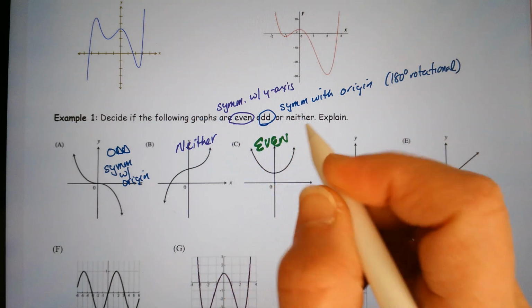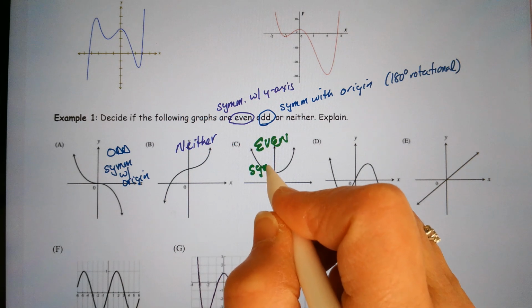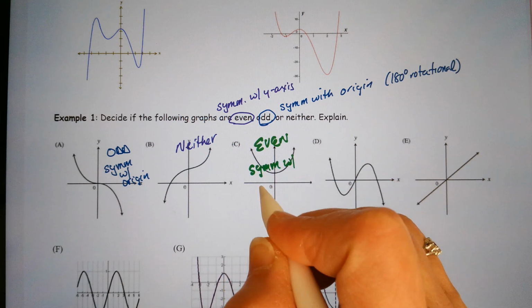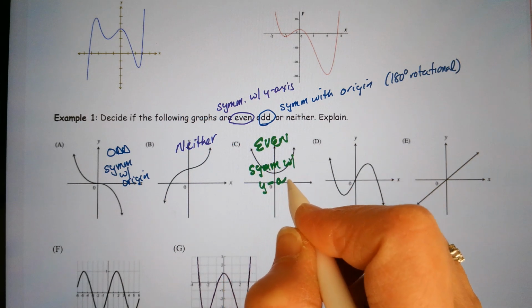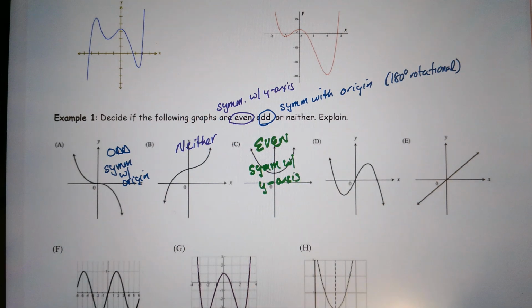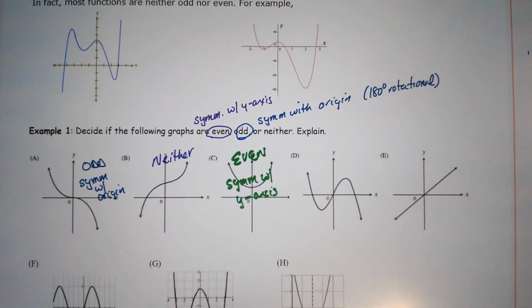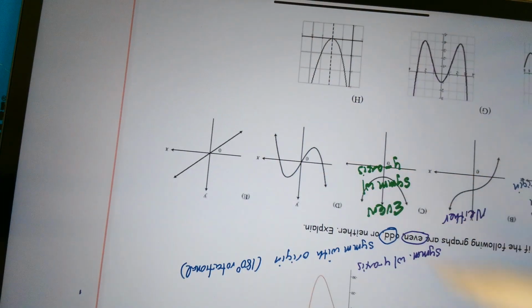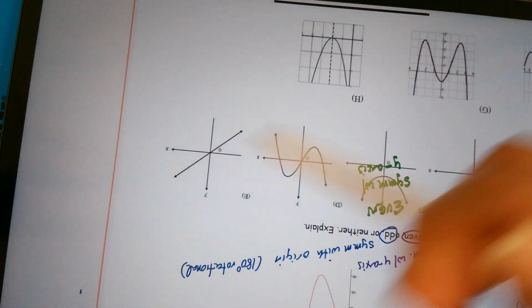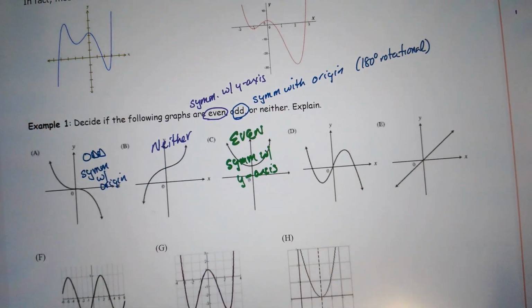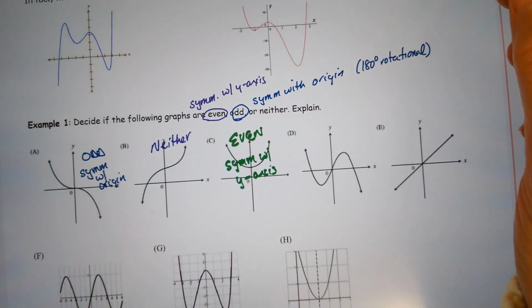This is even. D seems to have symmetry with the origin. If I flip this around, yeah, it's the same thing as we started with, and the same with our line here. So D and E are both odd functions.